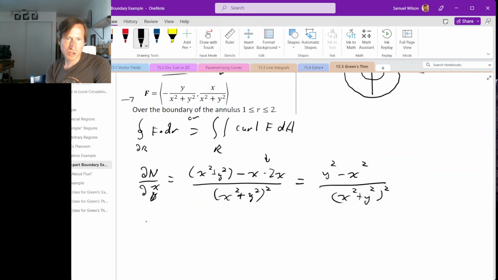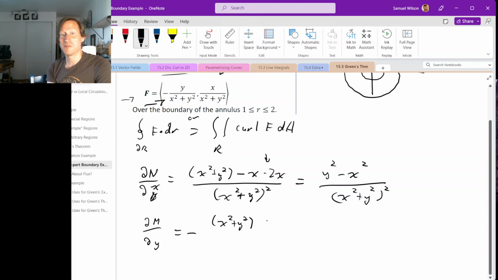If we work out partial M partial y, the other part of the curl, we're going to differentiate this one with respect to y, so we get a minus, and then the derivative of the numerator is 1 times x squared plus y squared, minus y times the derivative of the denominator with respect to y, which is 2y. This is starting to look familiar. All over x squared plus y squared, squared.